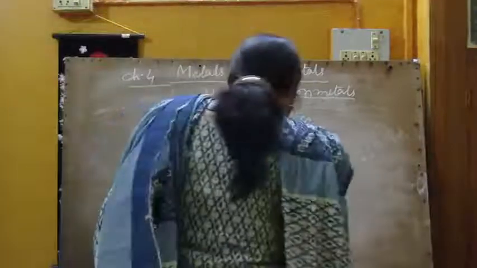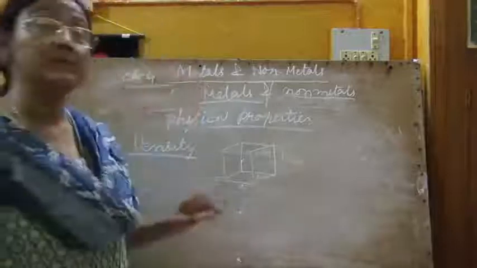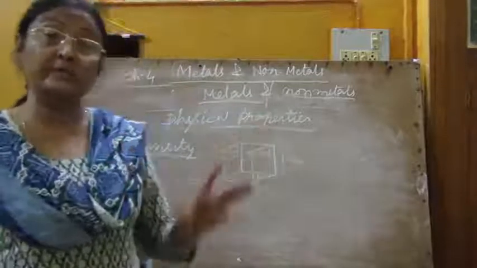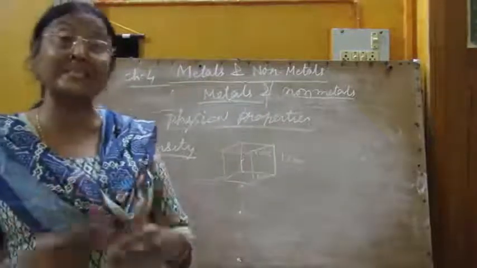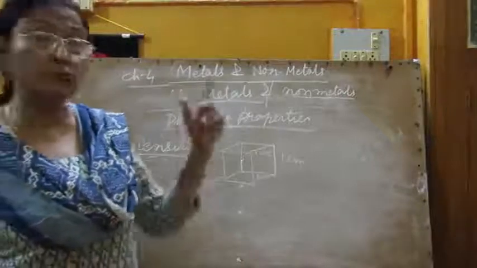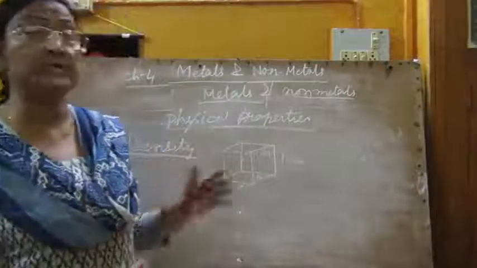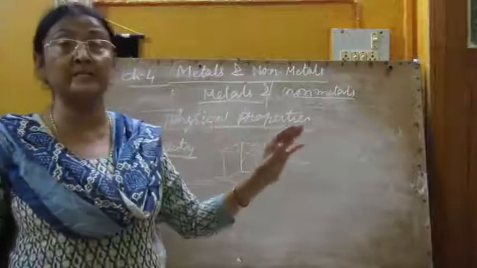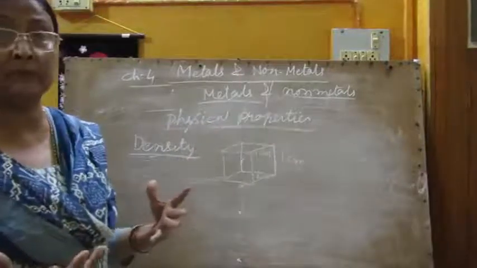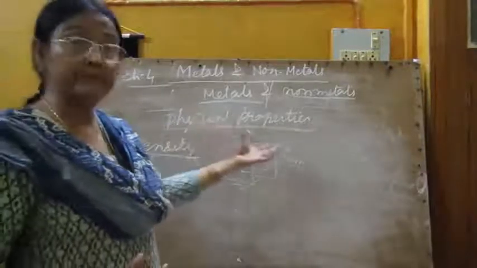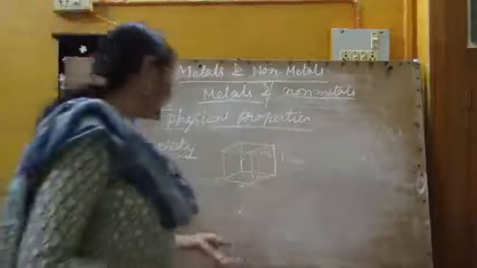Sodium and potassium, though they are metals, still have low density. So whenever you go through the chapters, make it clear what the exceptions are among metals and non-metals.